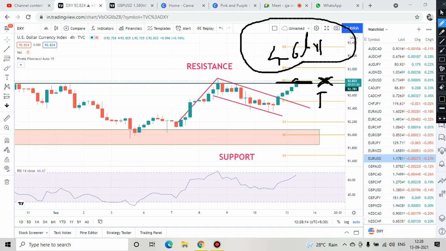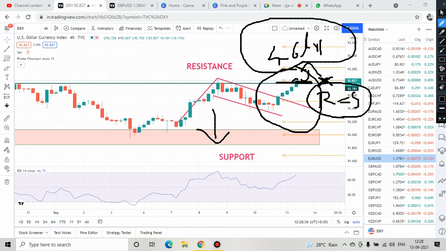Then the resistance will become the new support of the market, and then you can hope that USD will be going up and GBP USD will be going down further. So everything depends on the chart of the US dollar right now.